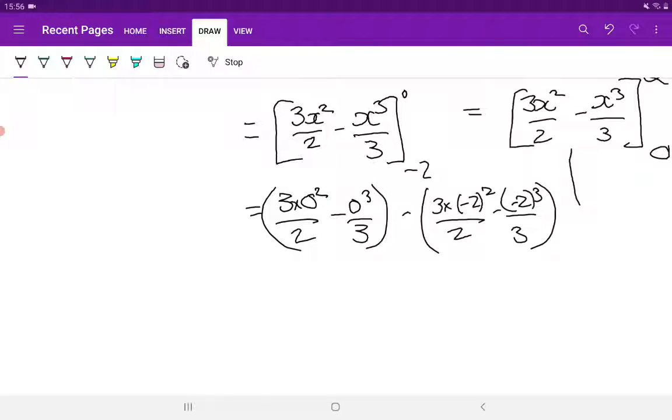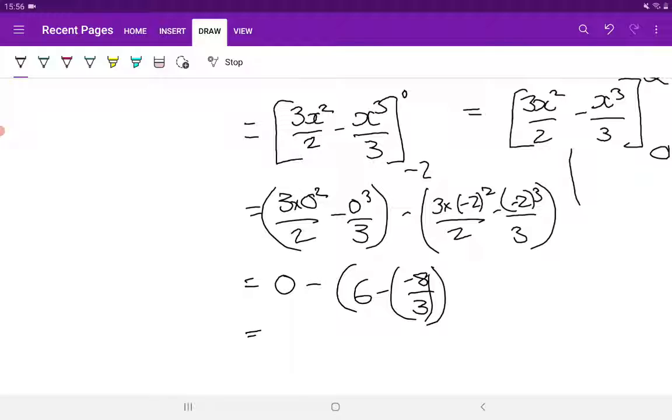The first bracket gives me 0. The second bracket gives me 3 times minus 2 squared, which is 3 times 4, which is 12, and 12 divided by 2 is 6. And then negative 2 cubed is negative 8, so this is take away negative 8 over 3. Taking away a negative makes it a plus.